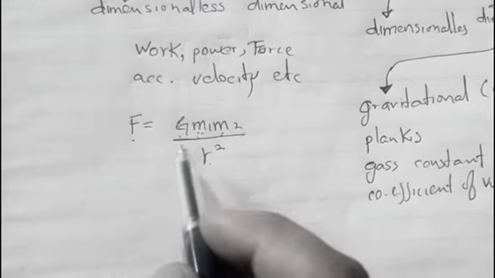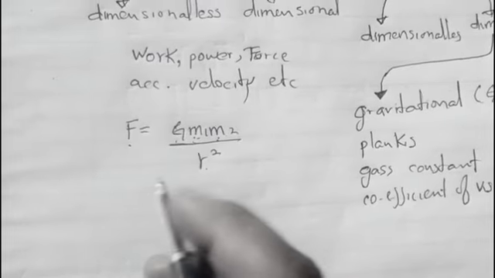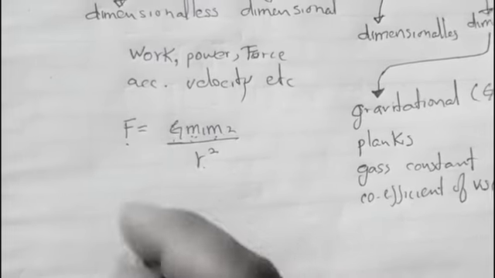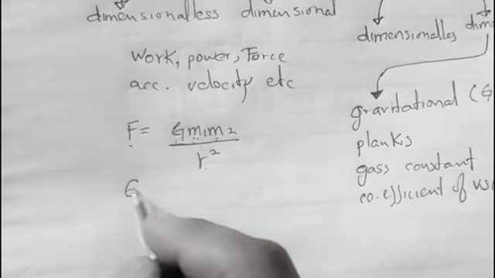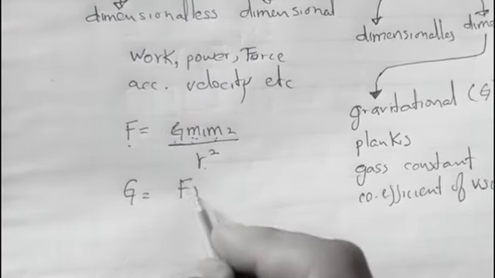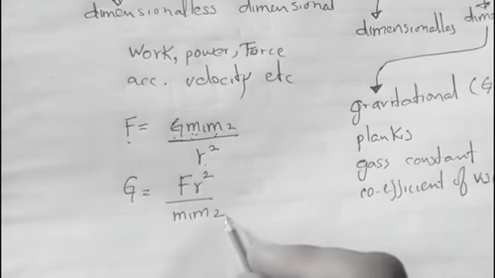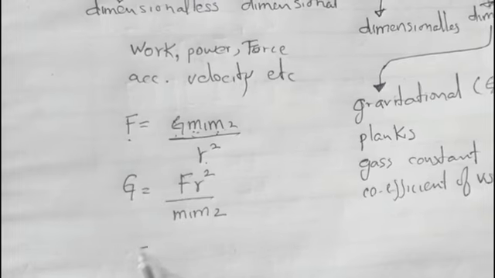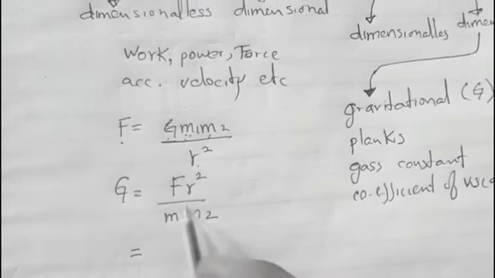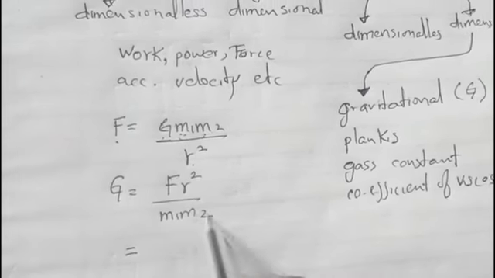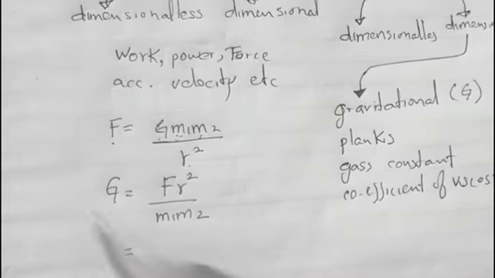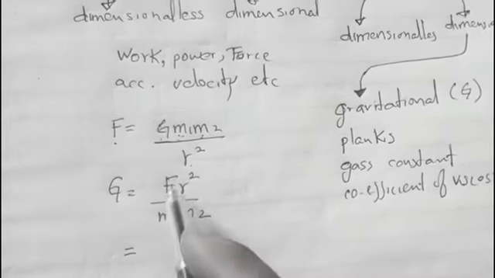So in order to find the dimensions of G, we rearrange this mathematical expression as G is equal to F r square divided by m1 m2. Now we insert the dimensions of all the physical quantities involved in this relation.